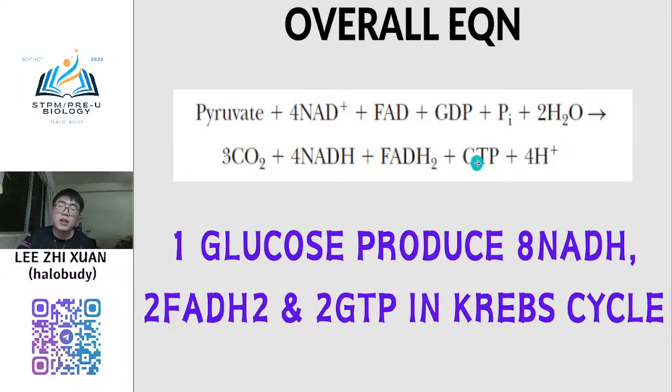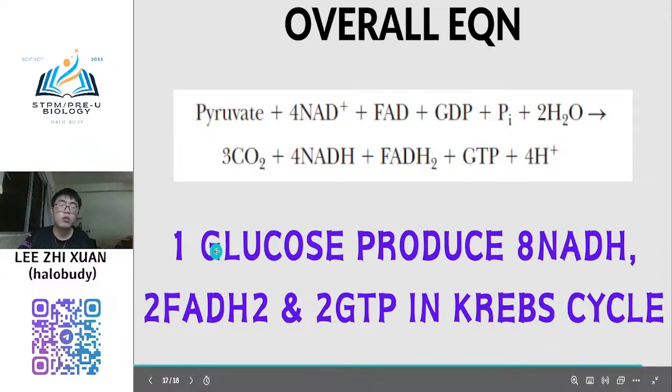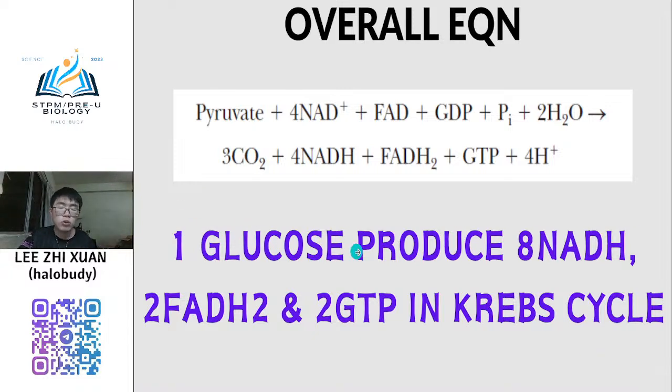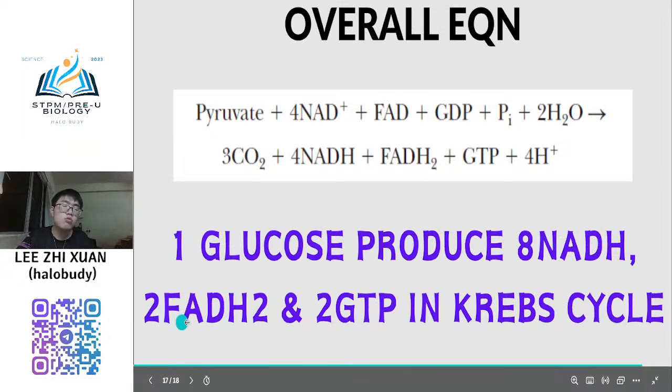And 1 GTP means there is 1 hydrolysis reaction. So in conclusion, in the Krebs cycle, 1 glucose molecule will produce 8 NADH, 2 FADH2, and 2 GTP.